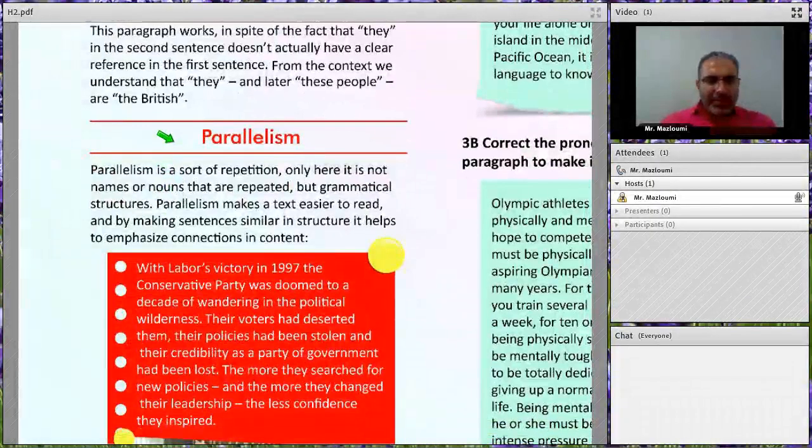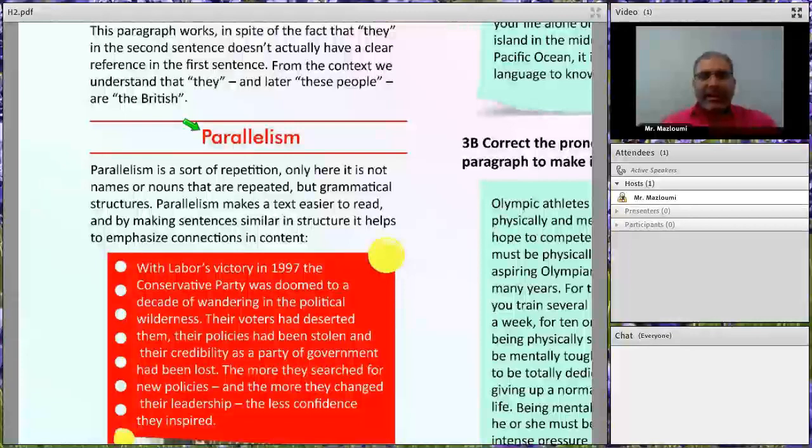Well, number 3, everyone, is parallelism. So, parallelism means similarity, being similar. What is it in writing?